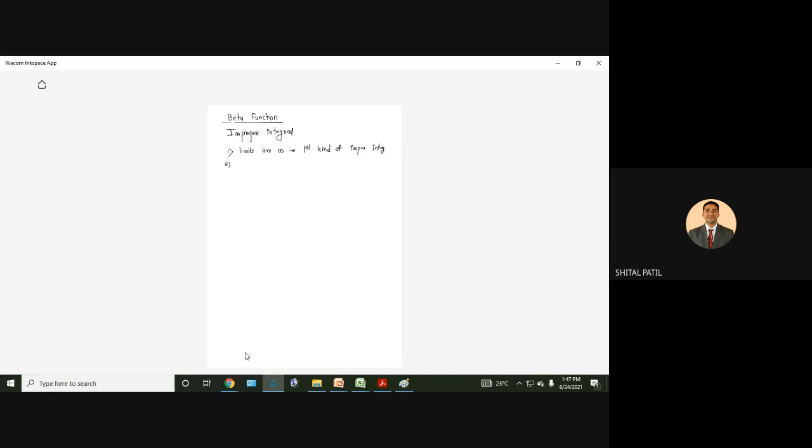Second, the function becomes infinite at limits: this is the second kind of improper integral. And third, both of the above: limits are infinity as well as the integral becomes infinite. So that is the third kind of improper integral.